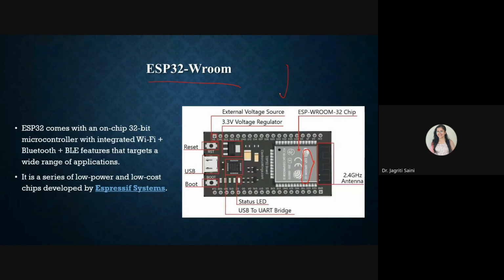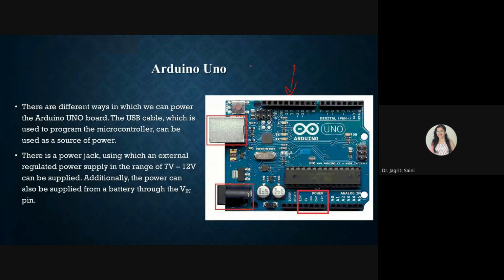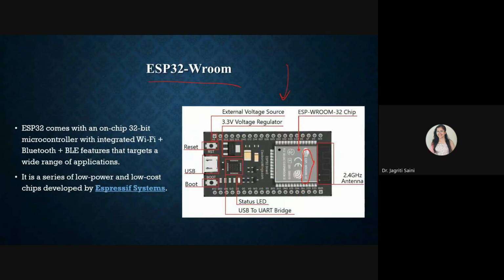In ESP32, pin numbers are less. But on the contrary, the memory in Arduino Uno is less, and in ESP32, memory capacity is very huge in comparison to both of these. So when you are more concerned about a higher number of pins but can sustain with lesser memory, maybe you can go with Arduino. When you need more memory and can manage with a lesser number of pins, then again you can go with the ESP32.